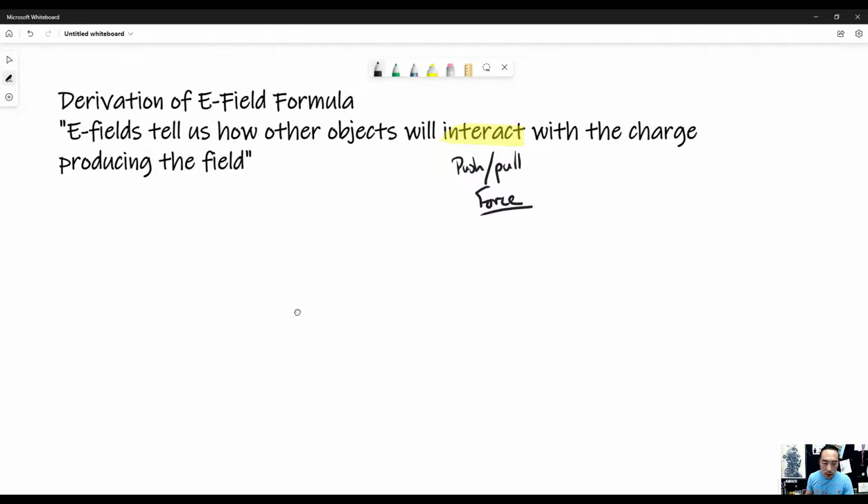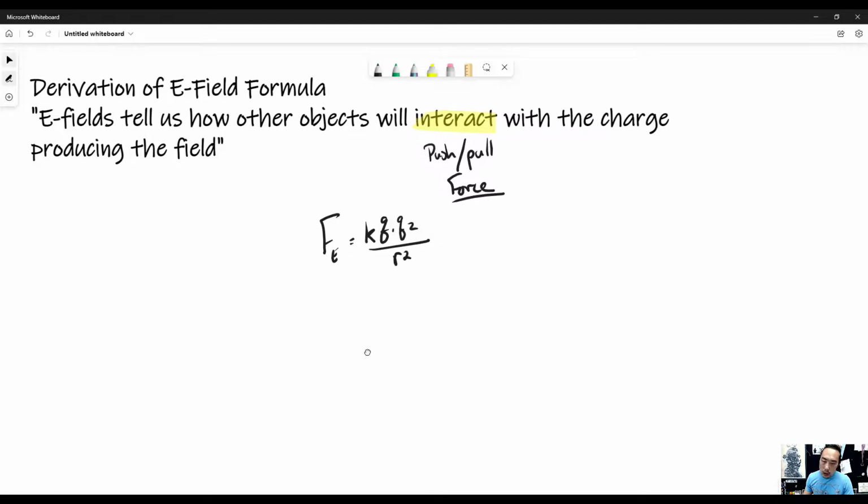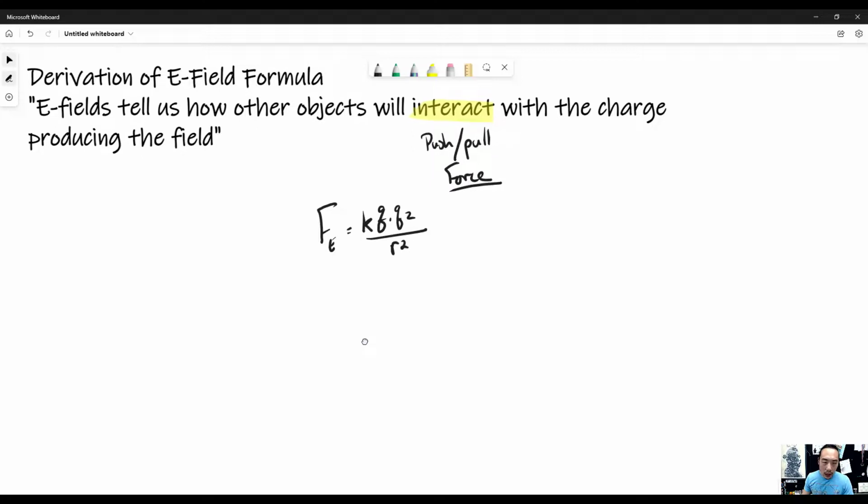From the previous video, we learned that Coulomb's law requires two charges, Q1 and Q2, and they are separated by a distance r squared, and of course we have Coulomb's constant hanging out there in the front. So if we were to take a look at that definition in Coulomb's law, watch what I do by breaking it down using a little model of the E-fields that we just drew.